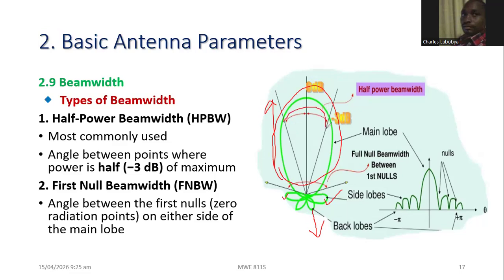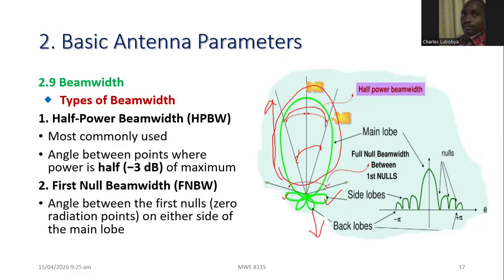That angle you can measure between the negative decibel points of the main lobe. So it is essentially this angle that you are measuring there. That becomes the half power beam width.